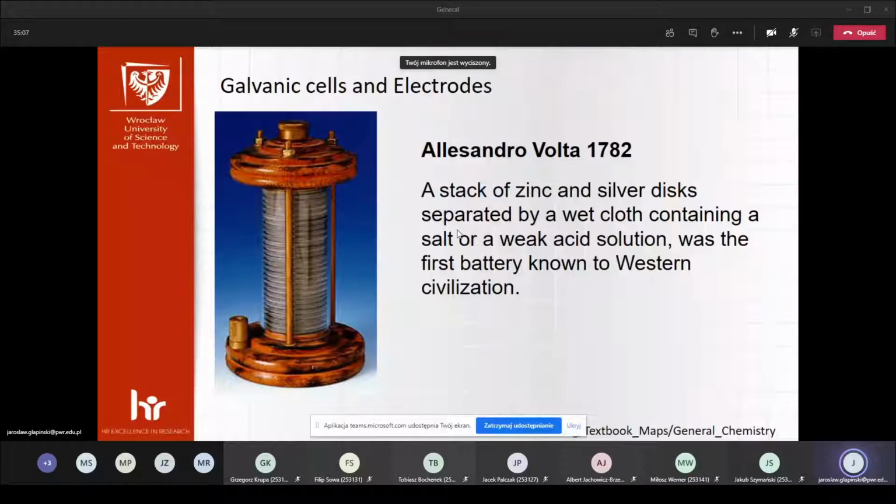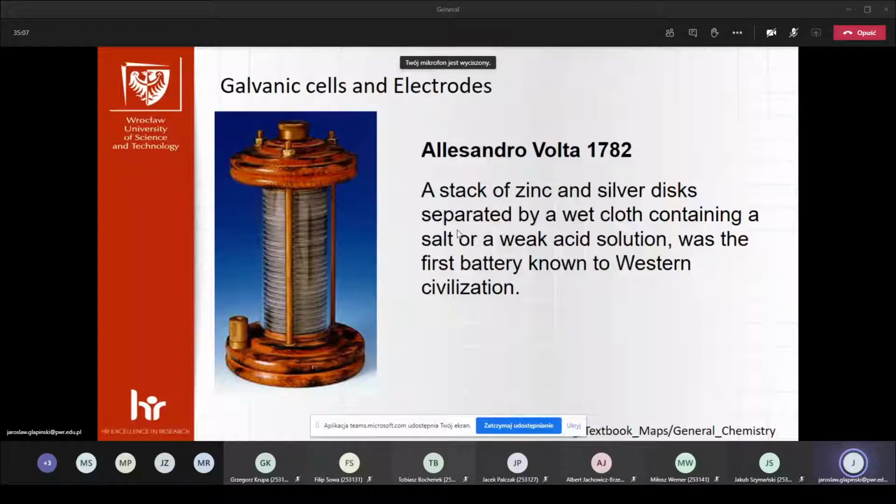Of course, Volta was the first, but then Michael Faraday in the 1890s also worked on how to store energy in some substances or elements.